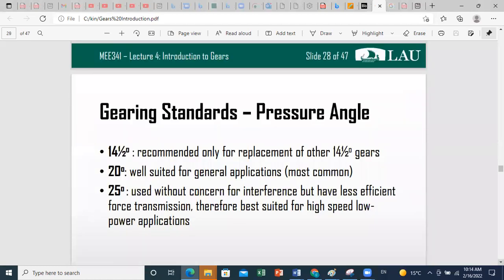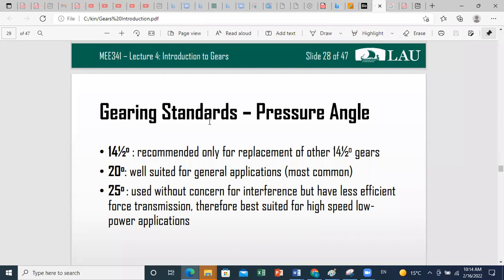Now, concerning pressure angles, we have several standards for pressure angles. Not any angle in your mind is present in reality. This is why for gears, we always have to go to tables to see what standard sizes are available. We have several pressure angles, but the main one used for most common applications is 20 degrees.